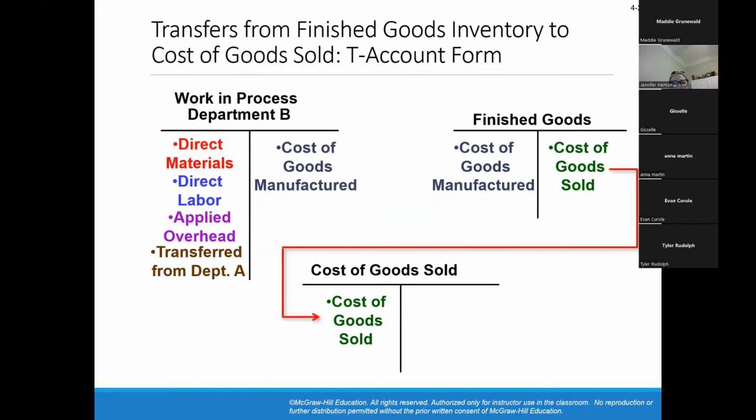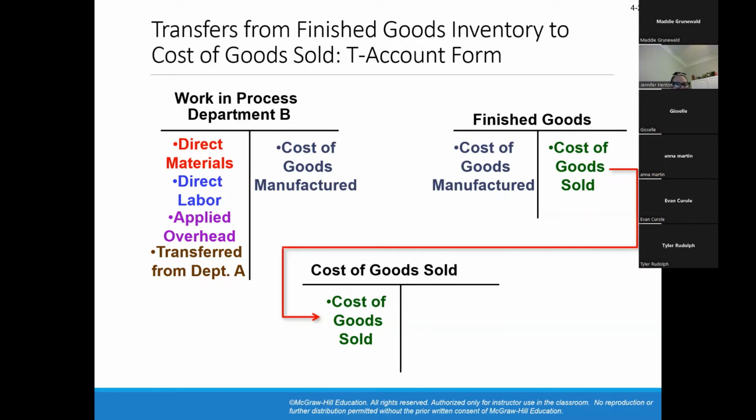Now, the cost of goods sold, we won't use that account until we actually sell the product. So we have this fleet of cars that we just did, they're all exactly the same. And now it's ready to ship these out to different resellers throughout the United States.